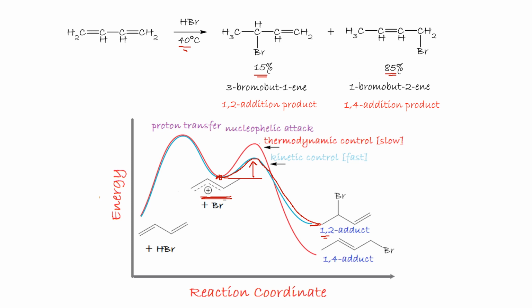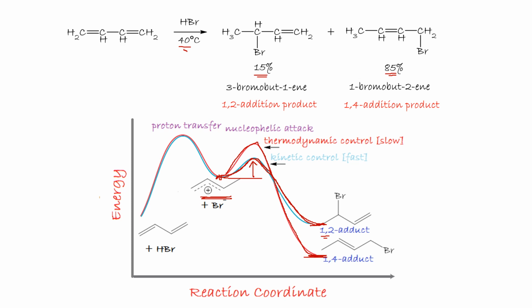At 40 degrees, we can have this and that, both of them. But at 40, this can go back to the intermediate, and then again, with the higher temperature, go to the thermodynamically more stable 1,4 adduct.